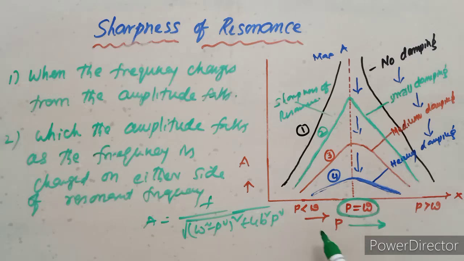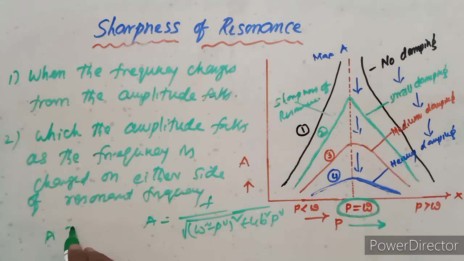But in some cases damping is small, medium, or large, so from these parameters the amplitude changes. Also p is less than omega or p is greater than omega. The total term is a square, so the term is positive.